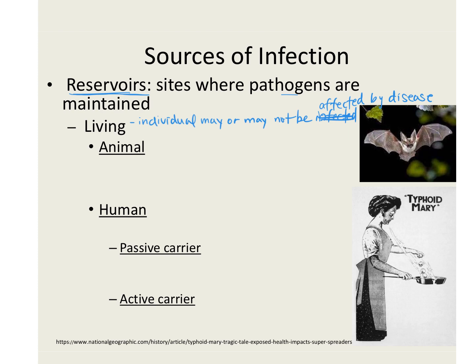If the reservoir is an animal, and let me specify, we're not talking about an insect here. We have another name for when insects pass disease. When a pathogen is maintained in an animal, we call the infections that they cause zoonotic infections.